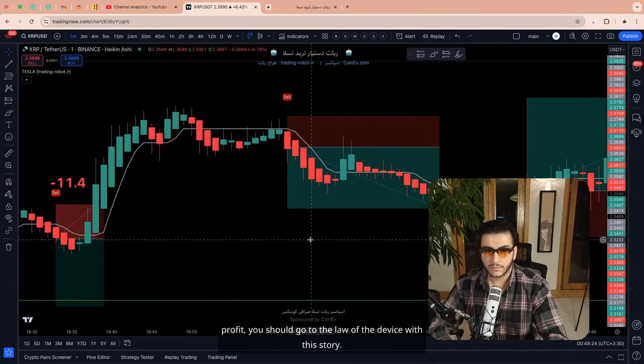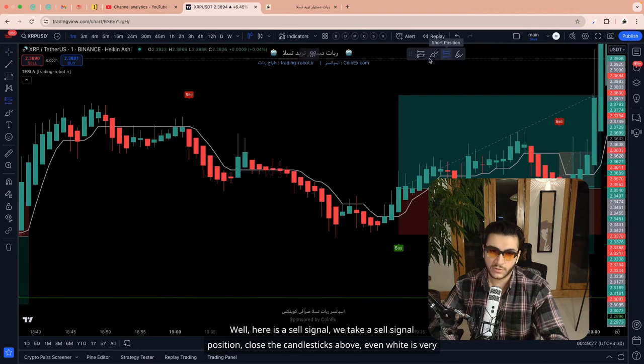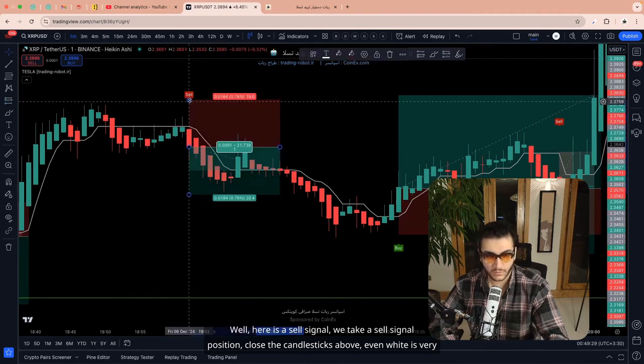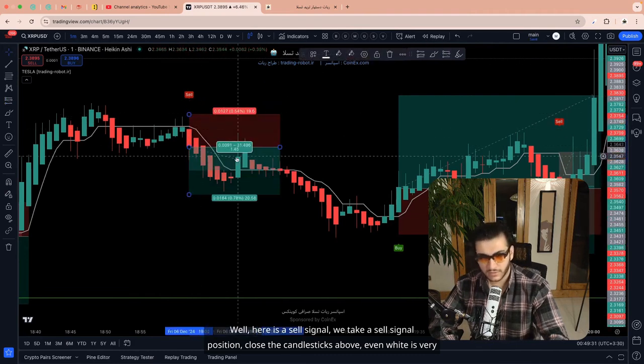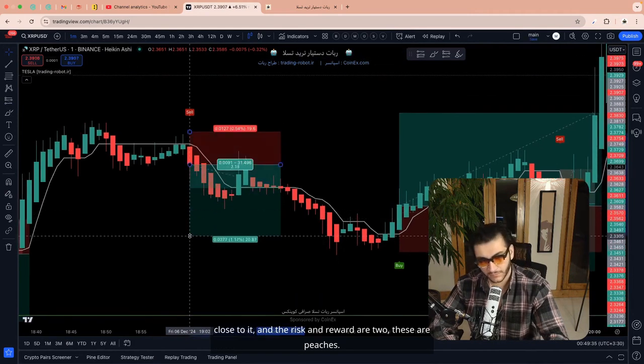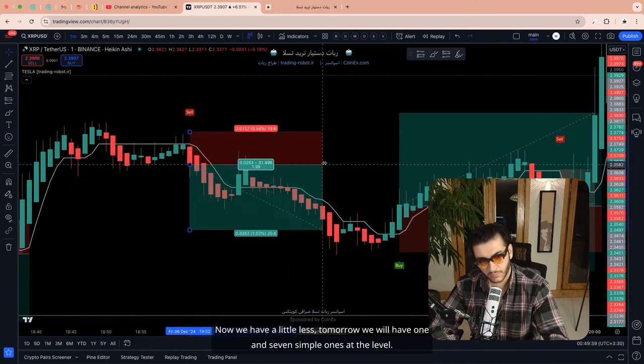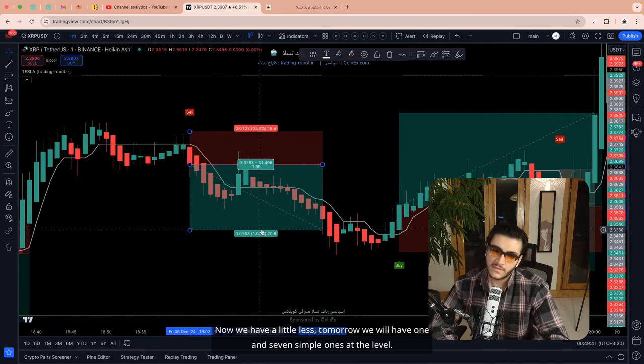Well, here is a sell signal. We take a sell signal position, close the candlesticks above. Even white is very close to it. And the risk and reward are 2. Now we have a little less. Tomorrow, we will have 1 and 7 simple ones at the level.